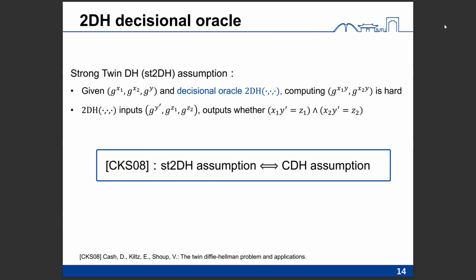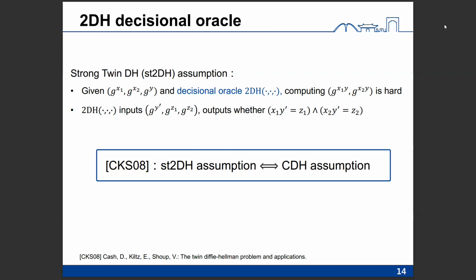Here, the strong twin-DH assumption states that given g^x1, g^x2, and g^y, as well as a decision oracle twin-DH, it's still hard to compute g^(x1y) and g^(x2y). Here, twin-DH is a decision oracle that takes g^y', g^z1, and g^z2 as input, and outputs whether x1y' equals z1 and x2y' equals z2.